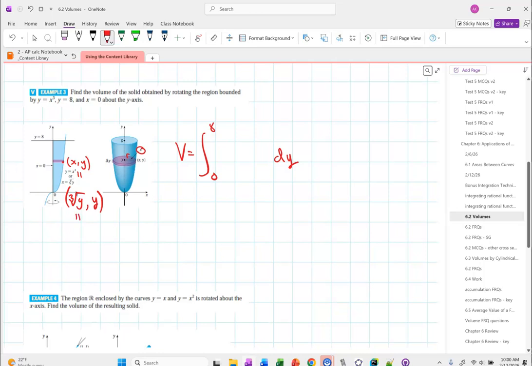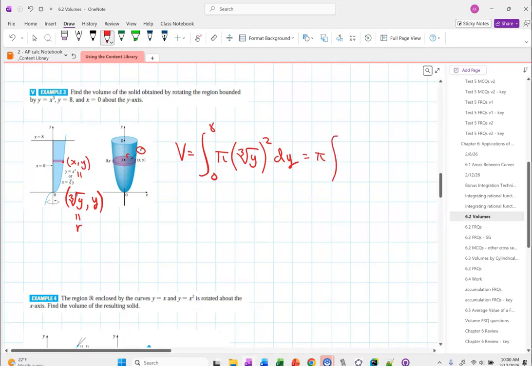So this is my radius. Again, my shape is a circle, so it's pi radius squared. So far, so good. Okay. Let's simplify that expression a little bit.